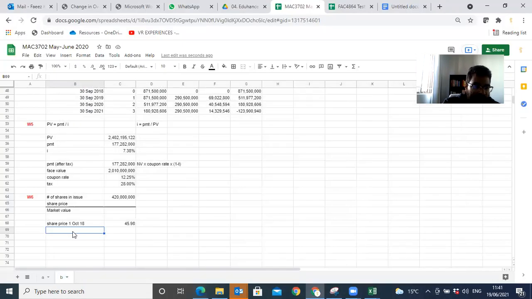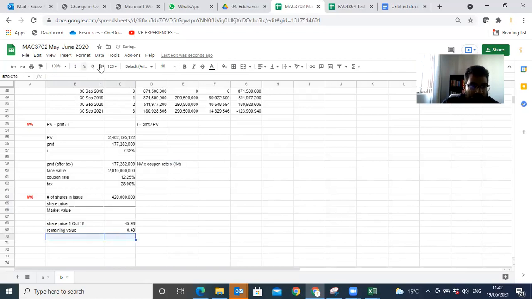So the remaining value is equal to 100% minus 52%, which is 0.48.